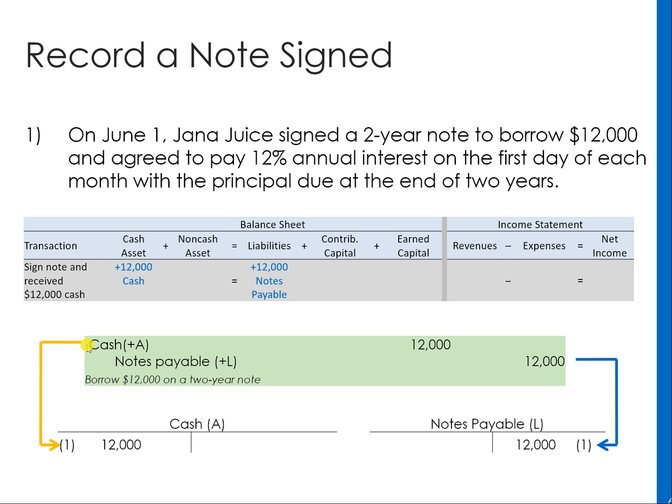The next step, we're going to post those numbers into the ledger, which holds all the T accounts. So we're going to post a $12,000 debit to the cash T account, where the left-hand side is a debit. We're going to post a credit to the notes payable T account. Right?